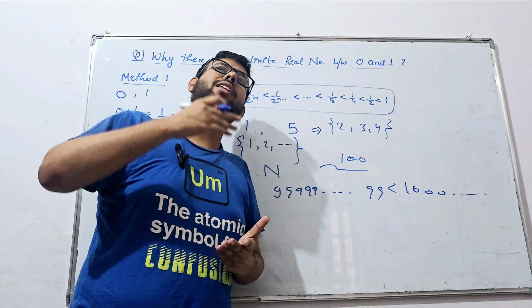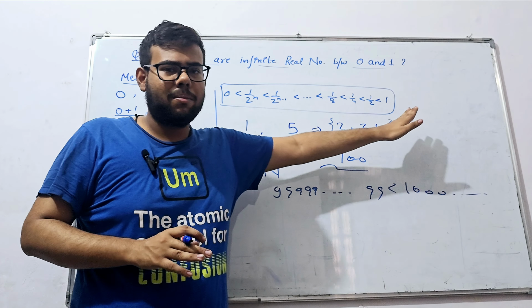So when you say that there are infinite terms over here, it means you can't count every term. There are endless terms. That is what we mean when we say there are infinite terms between 0 and 1.